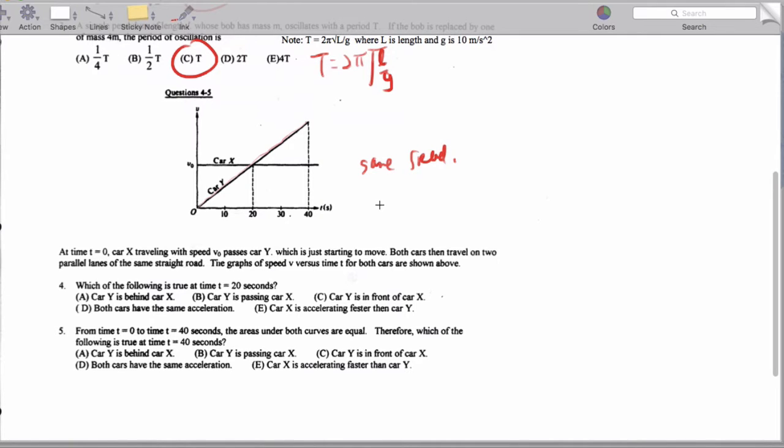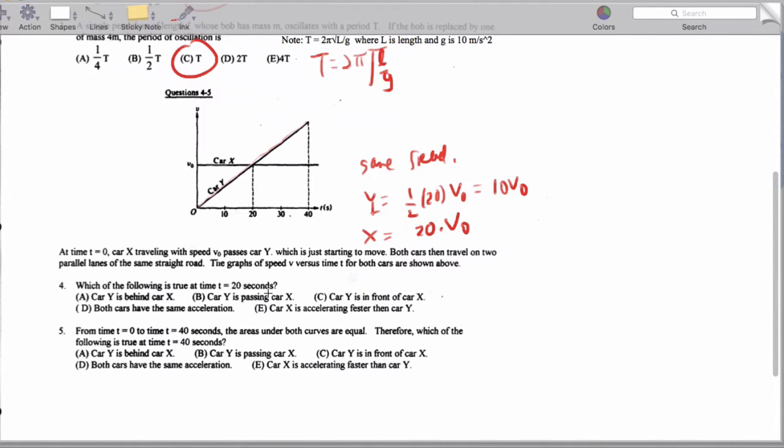So car Y, let's see how far it goes. For car Y, we measure the area under the V curve. That's going to be 1/2 times 20 times V naught, which is 10 V naught. And car X, that's going to be 20 times V naught, the area under that rectangle.